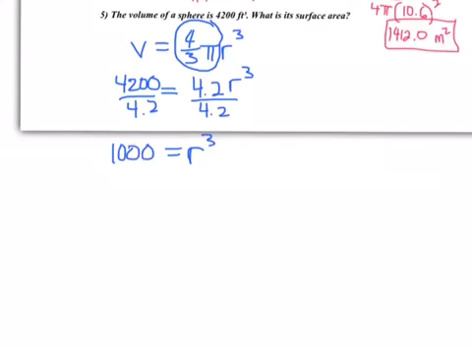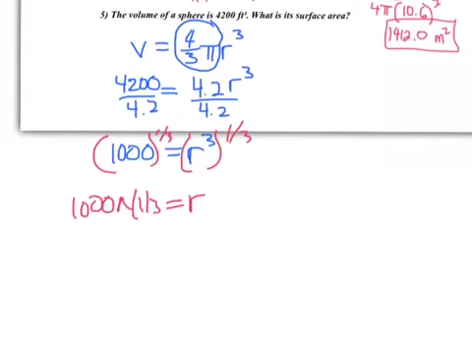So now to undo raise to the third, I'm going to raise both sides to the 1/3. So then I will get r equals 1,000 raised to the 1/3. So r equals 10.